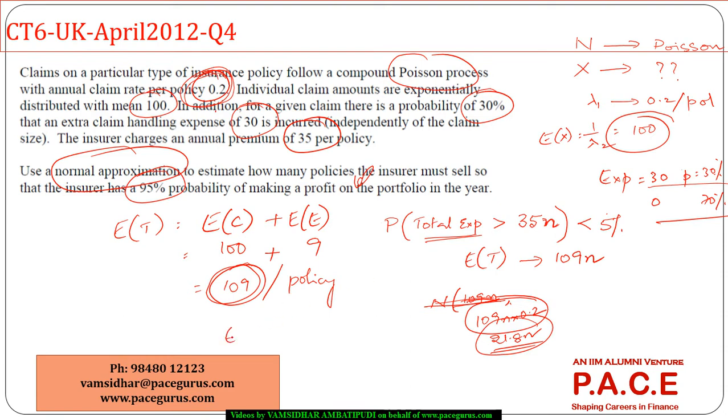Now, if I have to look at the variance of the total claim, I should look at the variance of the claim amount plus the expense amount.